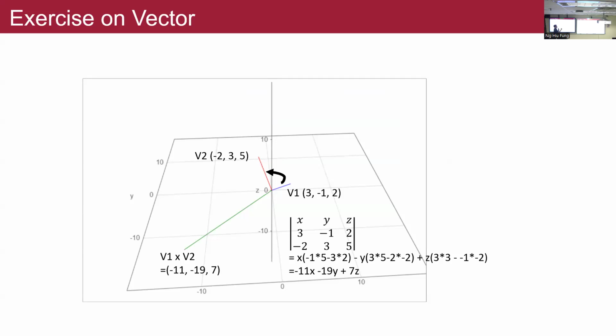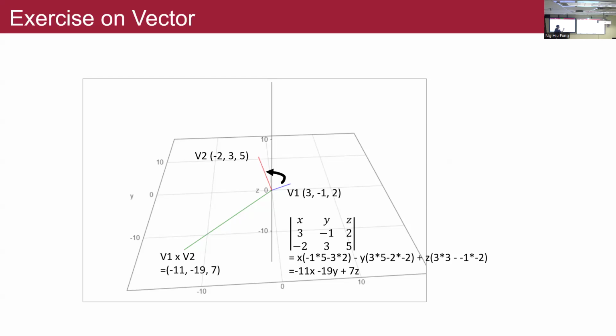X, Y, Z. You have vector one and vector two: 3, -1, 2 is here, and -2, 3, 5 is here. Then we will calculate the new vector coordinates X, Y, and Z. They will have positive, negative, and positive again. When you want to calculate the x component, you cover this part and then calculate the remaining elements over there.